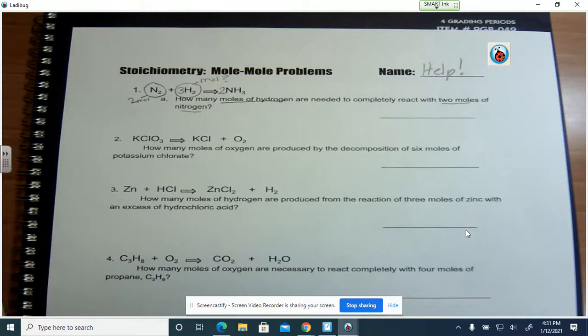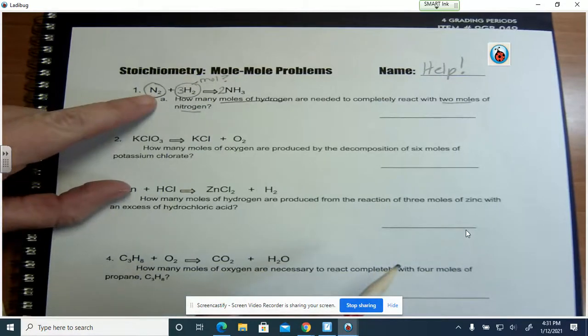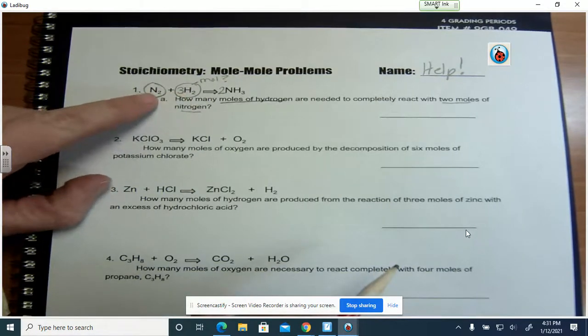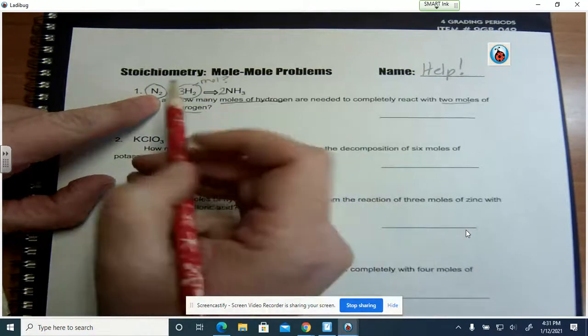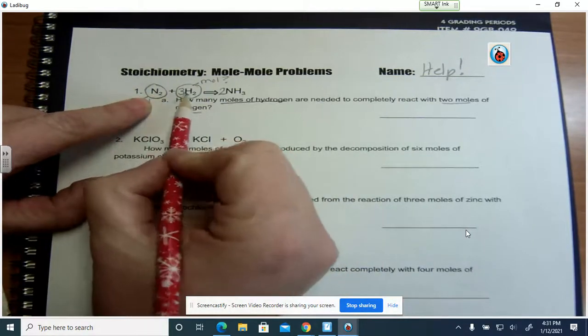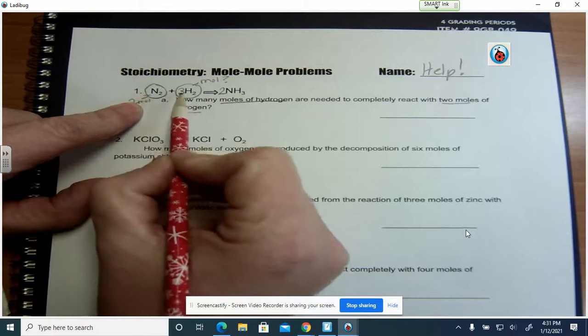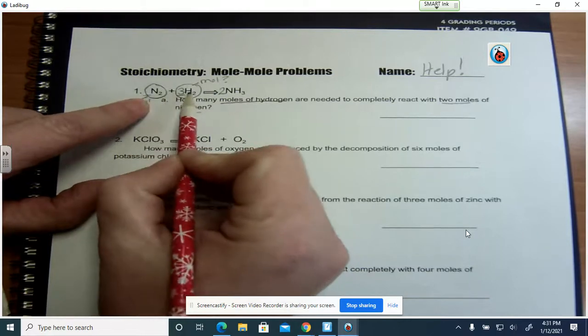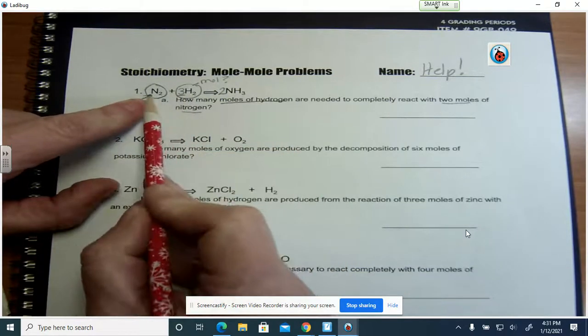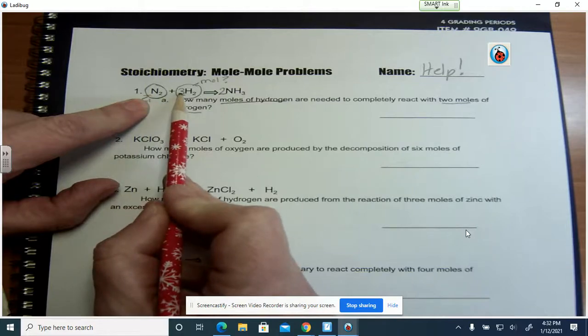Since this is a mole-to-mole problem, I'm just going to set up a mole-to-mole ratio of the 2 things that are involved. For nitrogen to hydrogen, if you're looking for the mole ratio, you just look at the coefficients. So this is a 1:3 ratio.